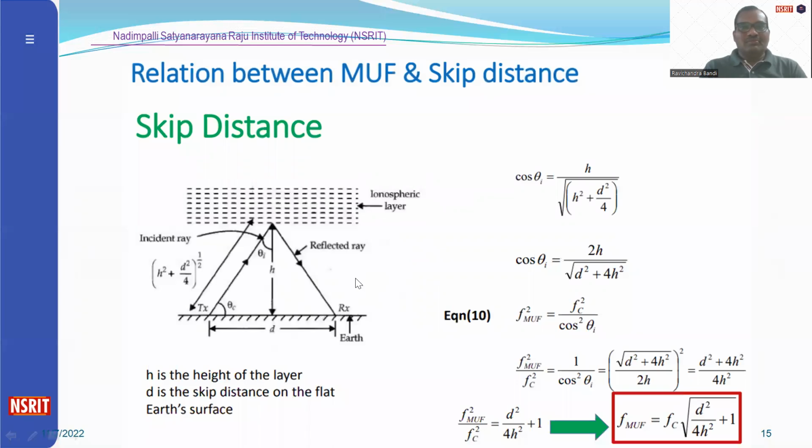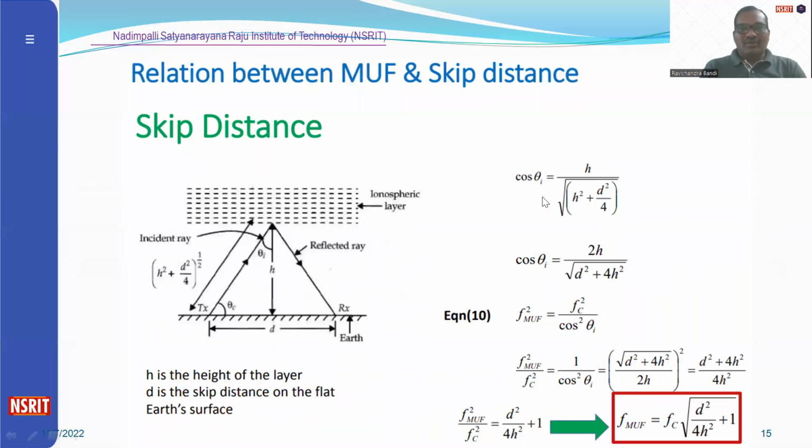The relationship between MUF and skip distance. This is the diagram to determine the relationship between MUF and the skip distance, and that relationship is given as f MUF equals fc times the square root of (d squared by 4h squared plus 1), where d is the skip distance and h is the virtual height. fc is the critical frequency, and f MUF is the maximum usable frequency.